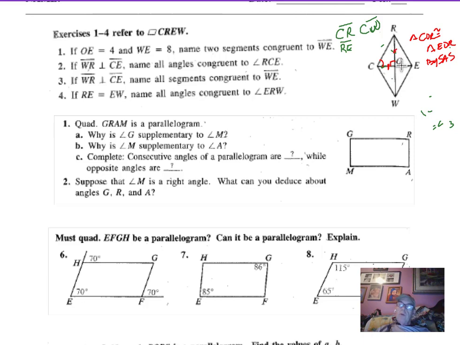Now, could we do it the other way too? So this is going to be congruent to there. It's congruent to here. We got vertical angles, right angles, adjacent angles. We actually, all these triangles are going to be congruent to each other, which means that all of these angles are going to be congruent.